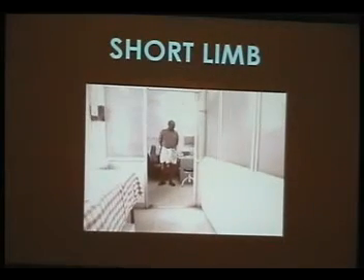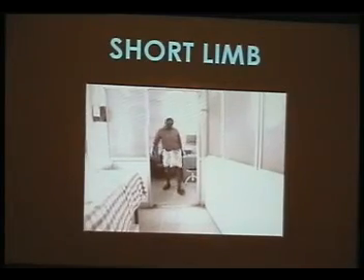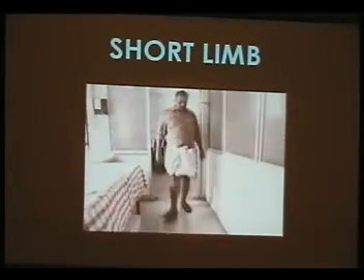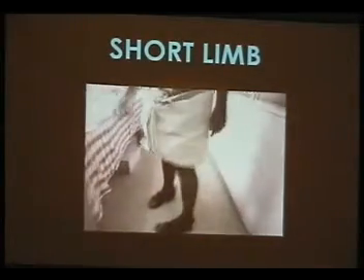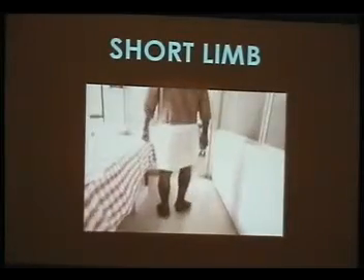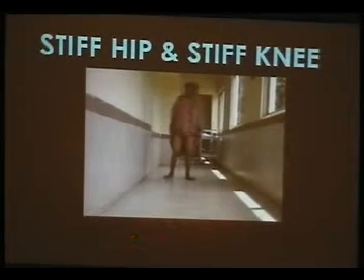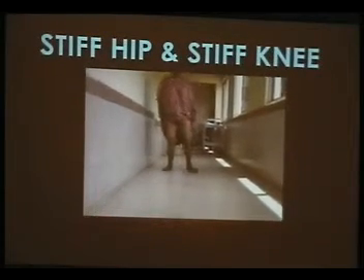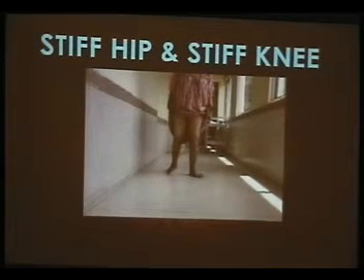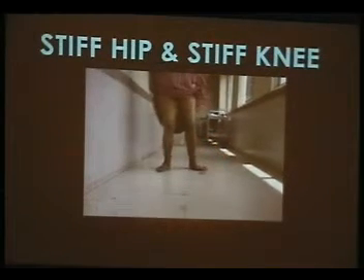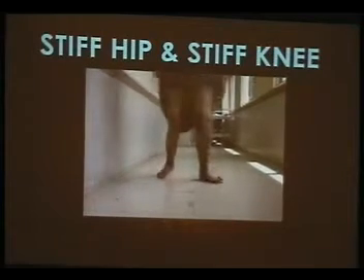If we give him a heel raise, his gait becomes better than what it was before. So the lurch or the shoulder drooping on that side becomes less. This is how a patient with a stiff hip and stiff knee walks. Both the joints on that particular limb are stiff.